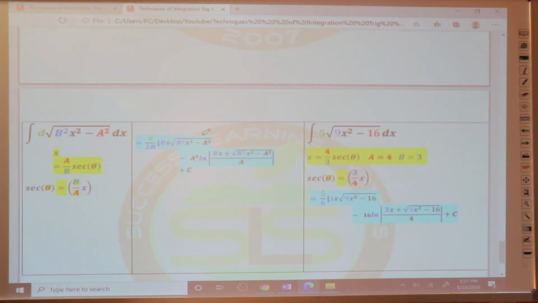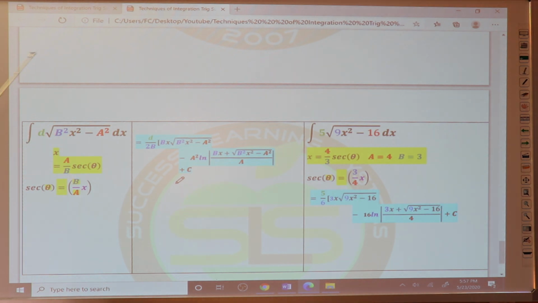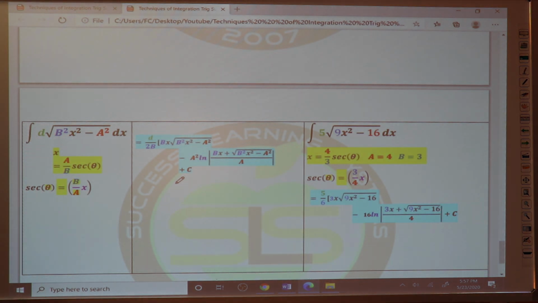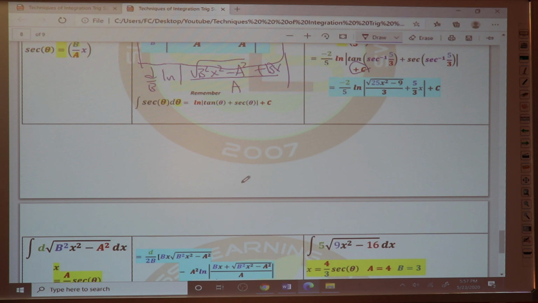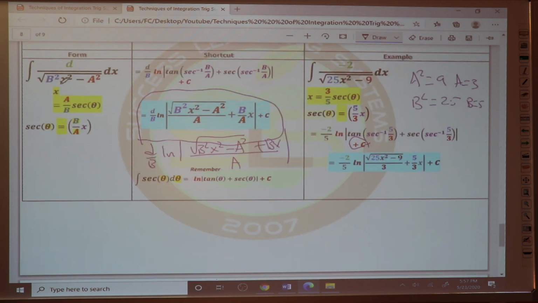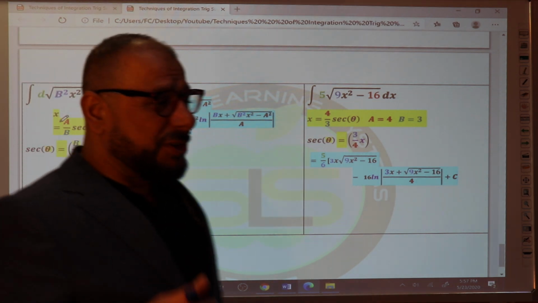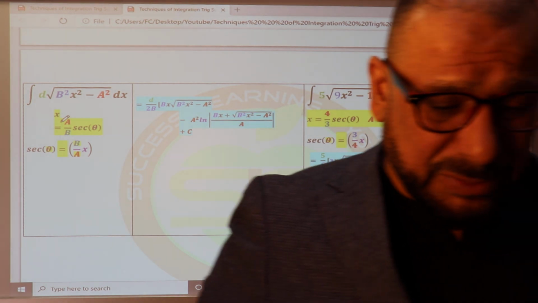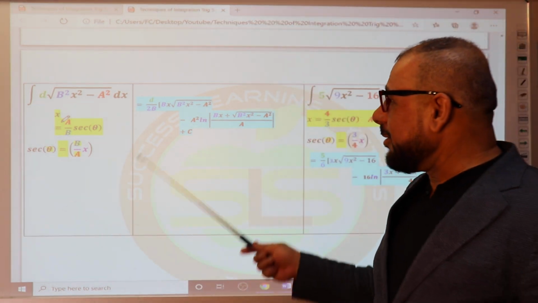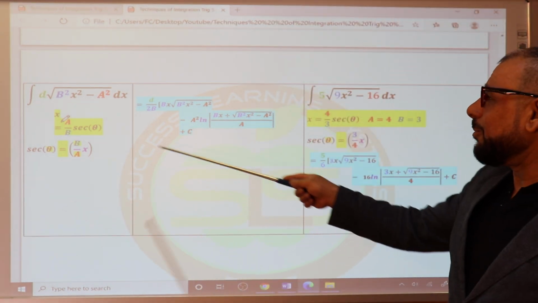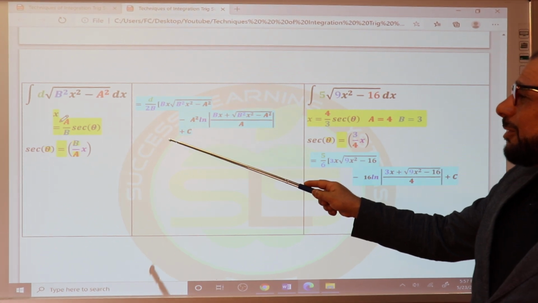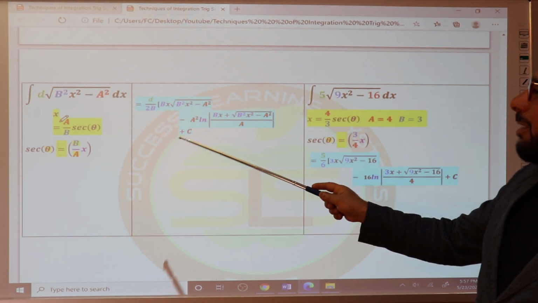The last case, which is the hard case. Look at the difference. This and this are the same, but this is in the numerator and this is in the denominator. It's not easy for teachers to get these problems for the students, because it's a hard substitution.